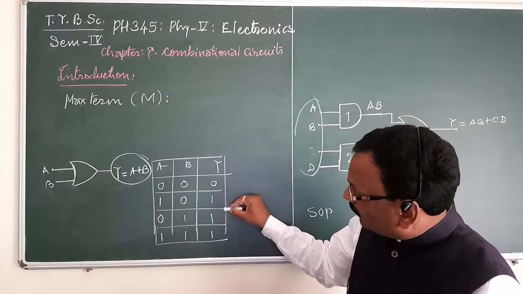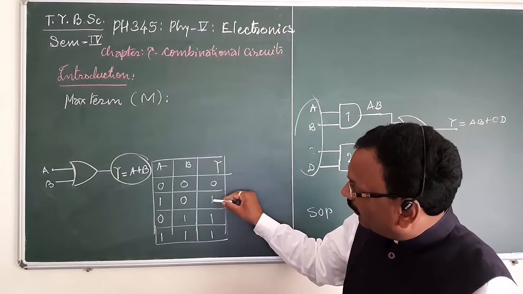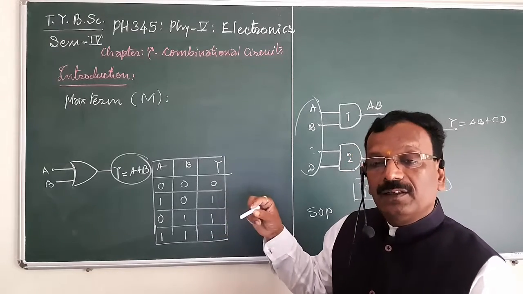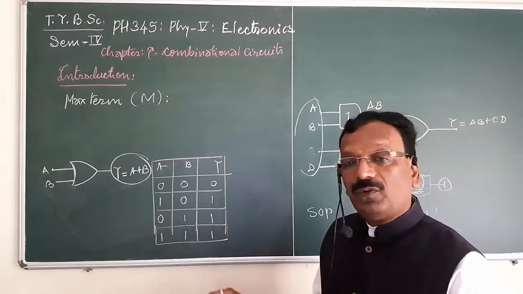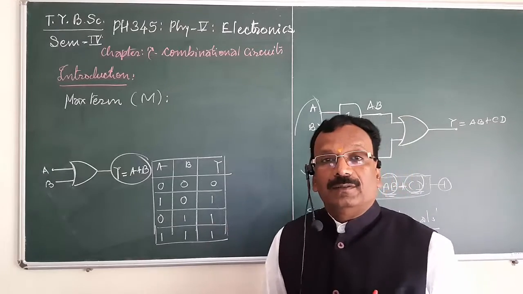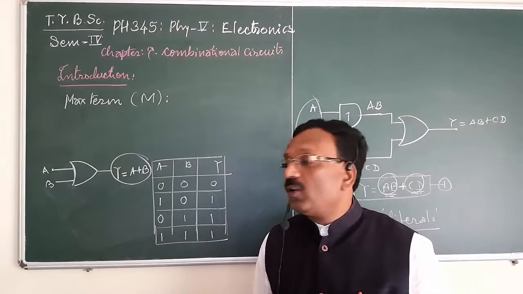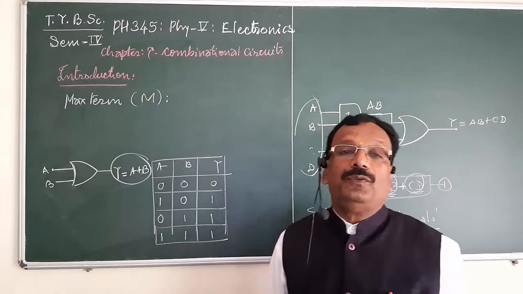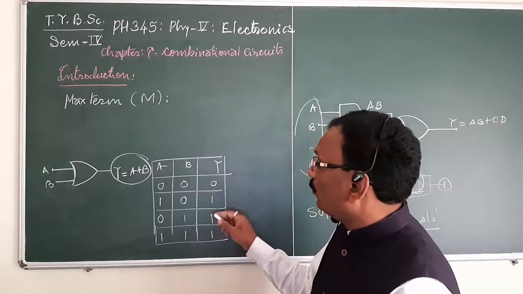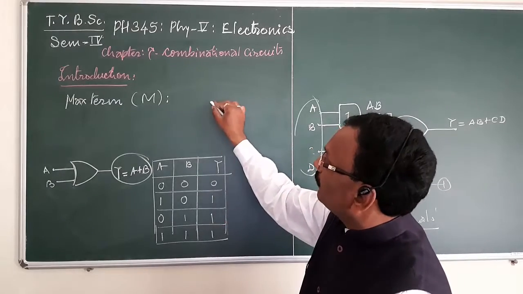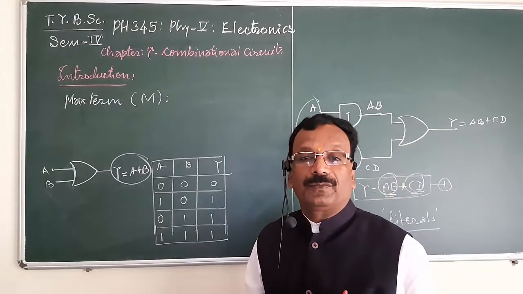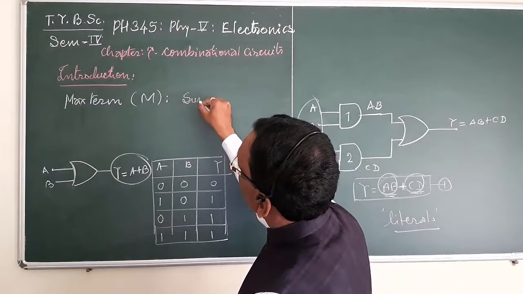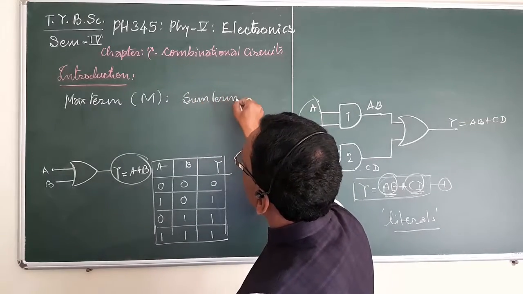Here if we observe keenly, it is found that output 1 occurs most of the time. Out of 4, there are 3 times the output of the logic OR gate is high or maximum. So the output of OR gate is called max term, that is maximum term, or sum terms.